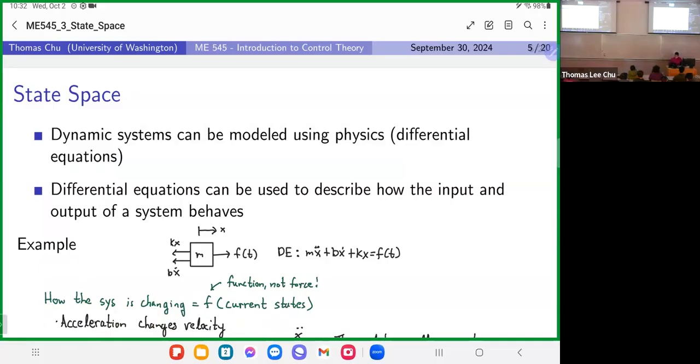I still can't see it. Okay. Okay, both on each other into the lecture room. Okay. How about now? Can you see that?